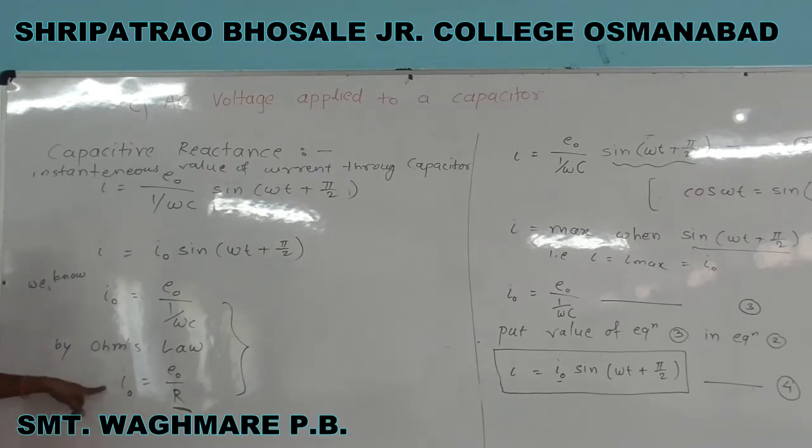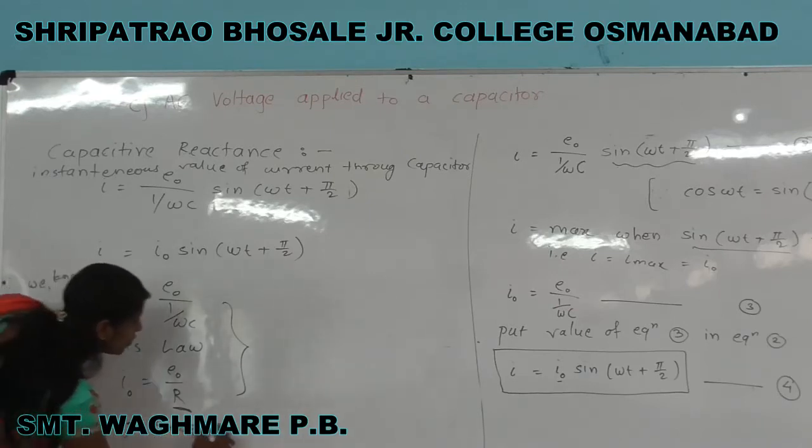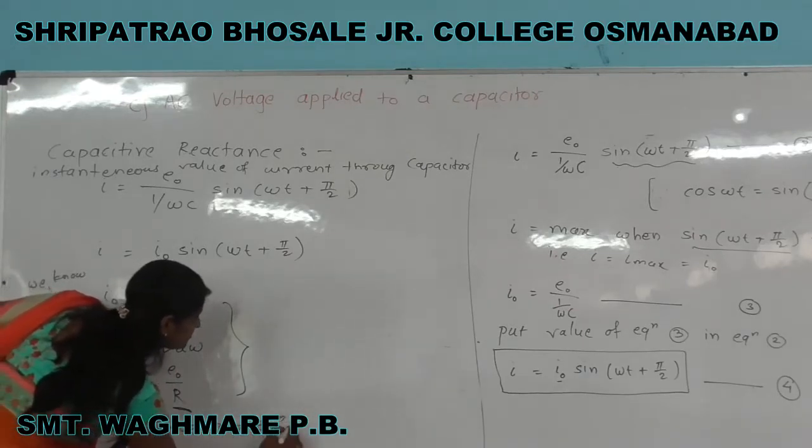That is, 1 upon omega c represents the effective resistance offered by the capacitor.